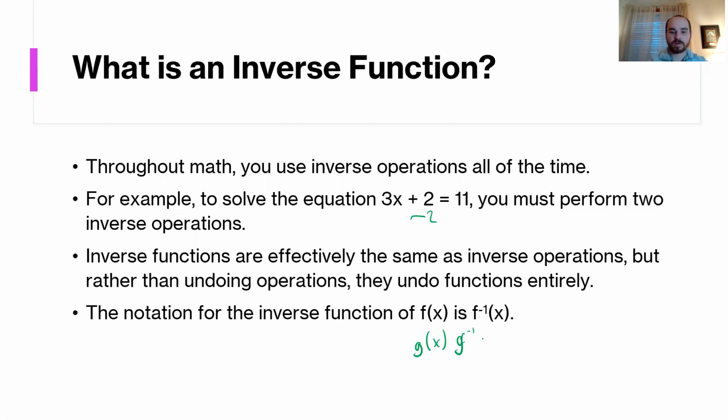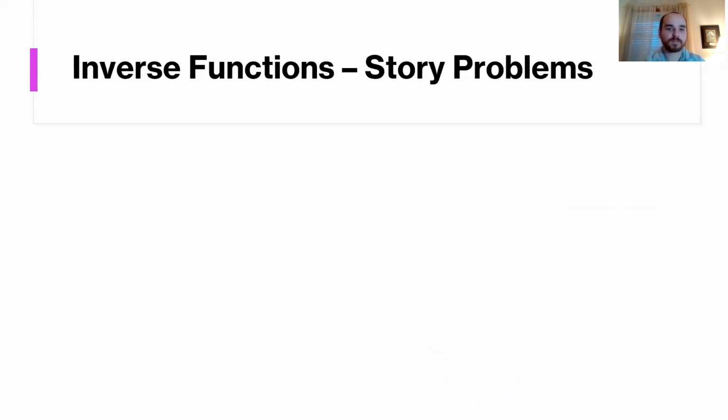It's going to be g negative 1 of x, right? So the inverse of that, if you had a function h of x, then the inverse is going to be h to the negative 1 of x. If you have this little negative 1 over your function symbol letter, that means that it's the inverse.